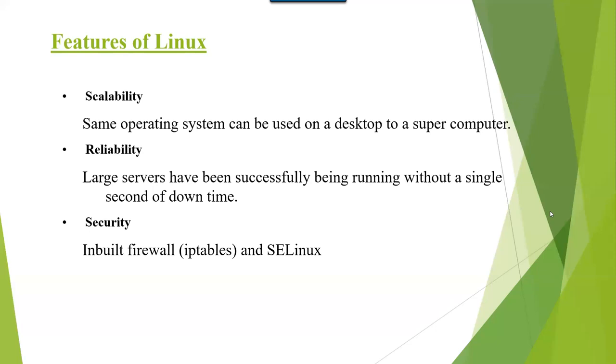So in an organization, Microsoft people will send the patches, updates, every week. Now the administrator will install the updates on the server machine. Once the update is completed, it will ask them to restart.